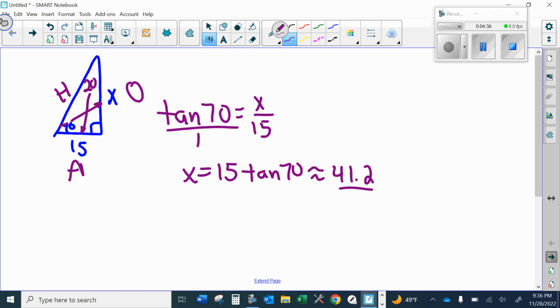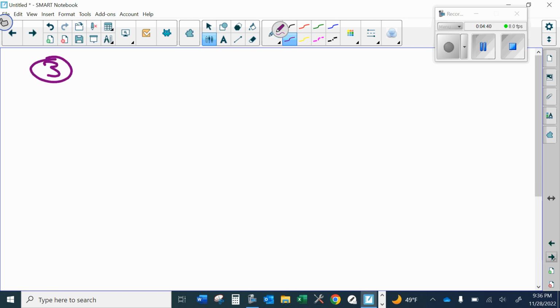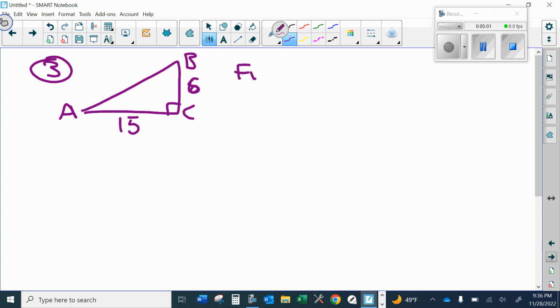Okay. Next, number 3. You have that. And let's say they say 6, 15, and they say find the measure of angle, let's just go B. They can say A or B. Okay, so that makes B my reference angle, and then I say how those are related.